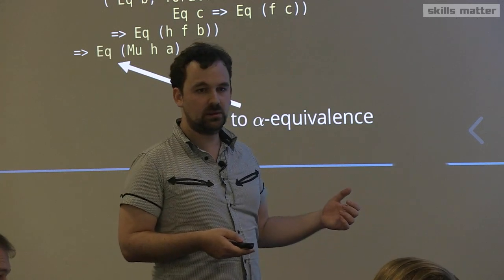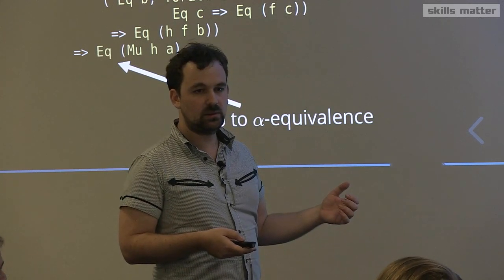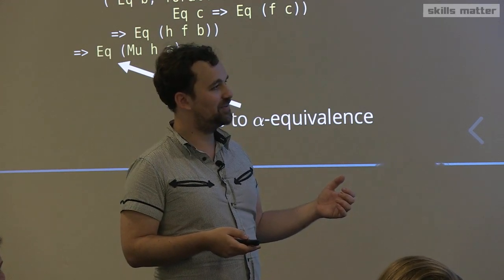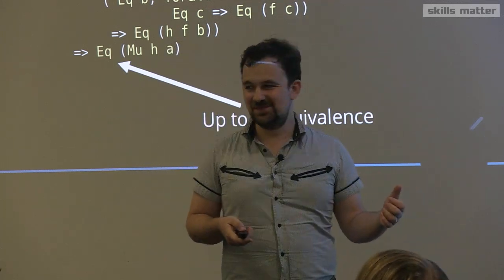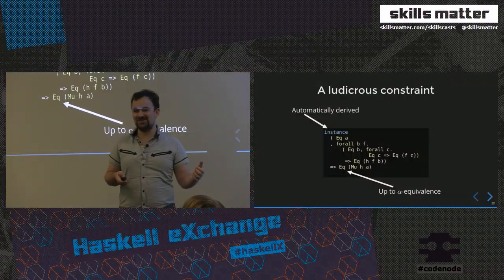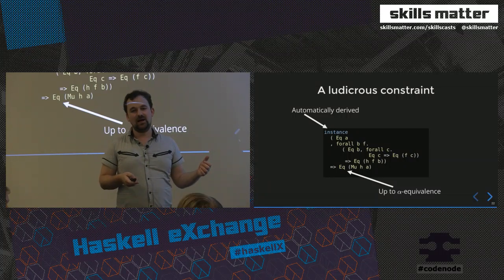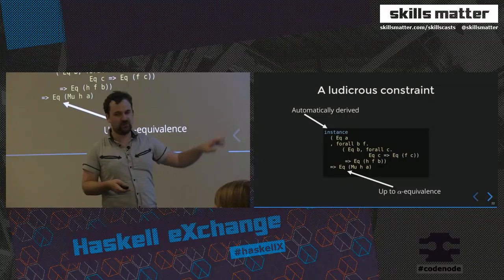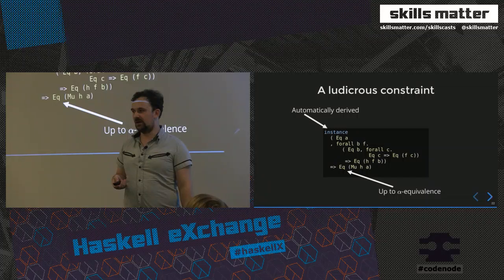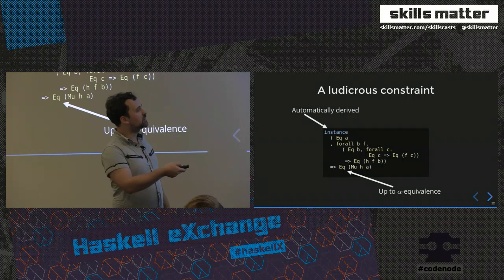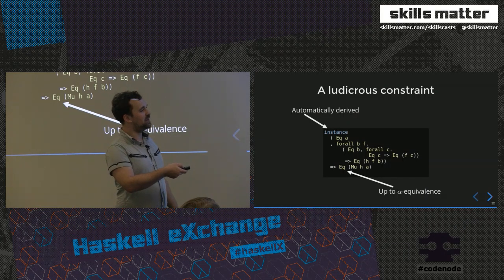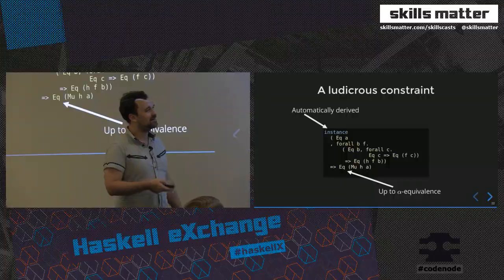Yes? I'm just wondering if you can put holes in your constraints. Holes? No. I'm not sure what that would mean. Well, if I don't want to type out the whole thing. No, it really can't figure it out. Maybe you could think of having a hole there, because that's the easy bit.